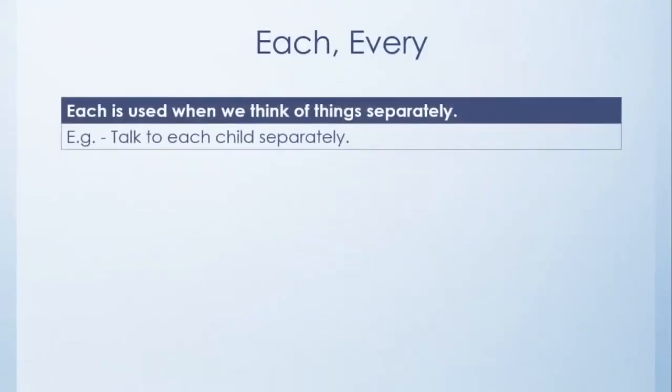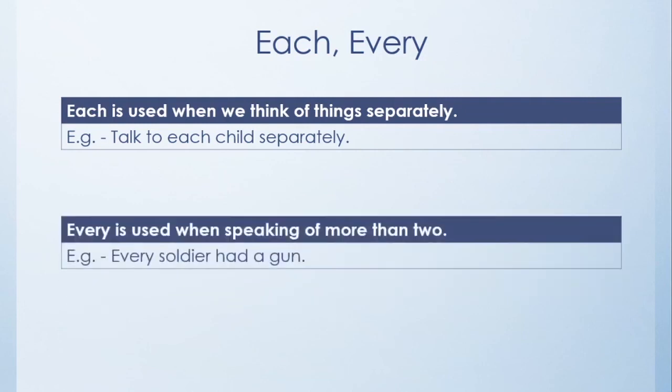Each, every. Talk to each child separately. Each is used when we think of things separately, one by one. Every soldier had a gun. Every is used when we think of things as a group, meaning without exception.